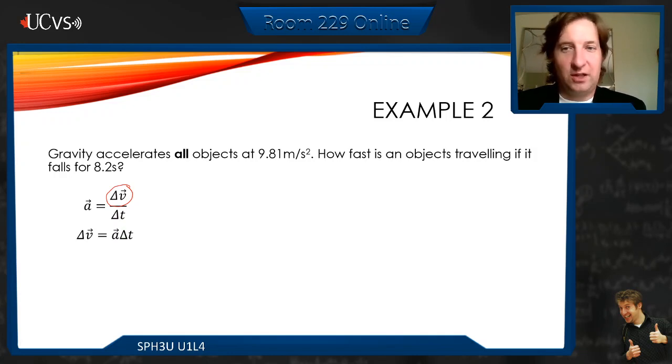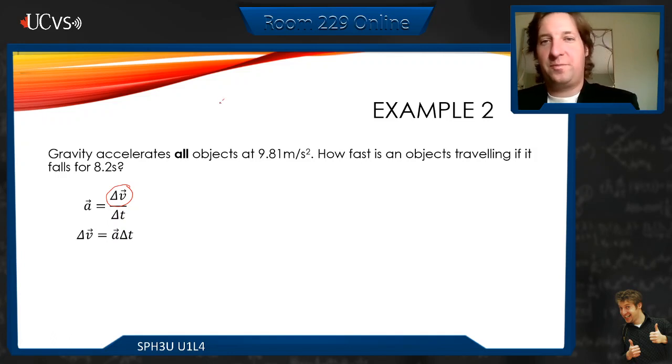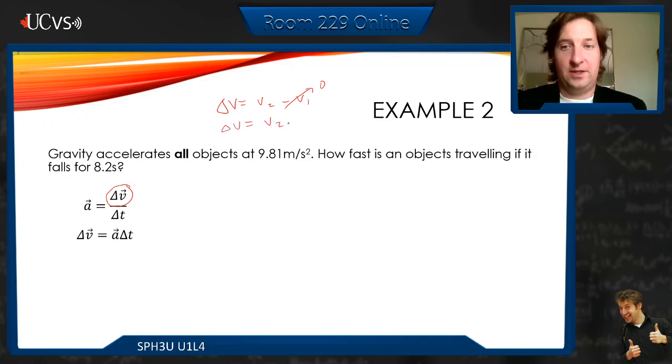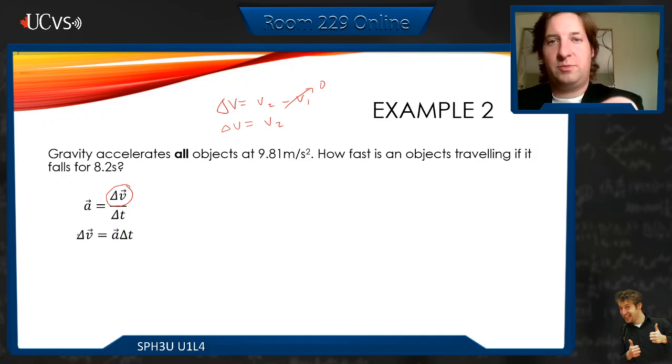The change in velocity, delta V, is equal to V2 minus V1. But in this case, V1 is 0, so that's gone. We're just left with the change in velocity being equal to the new velocity at the end. I should put arrows on these; they're vectors.